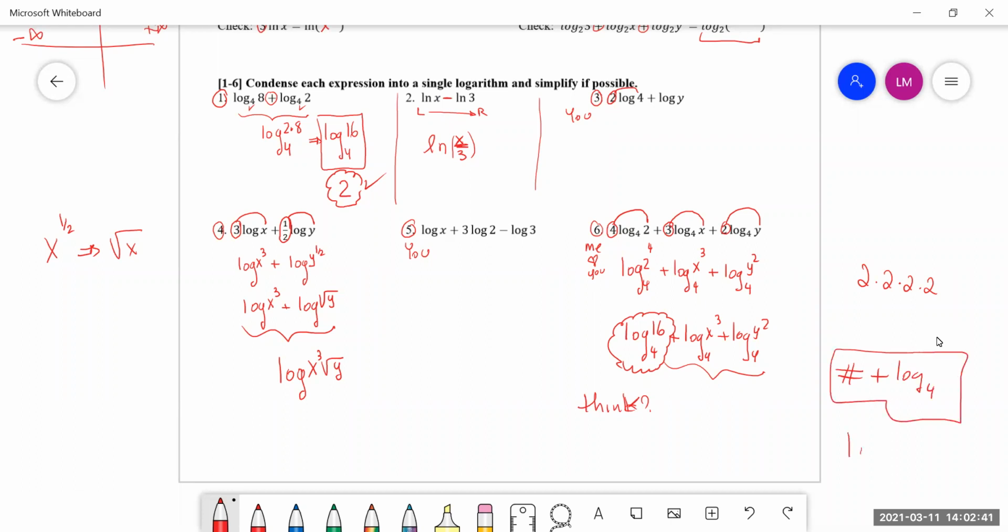Or should I just condense it all into one single logarithm? Okay, I want you to decide between these two options, which one should you do? And then I would love to discuss that in class and show you what happens and are they equivalent? Perhaps they mean the same thing. Let's find out in class, okay?